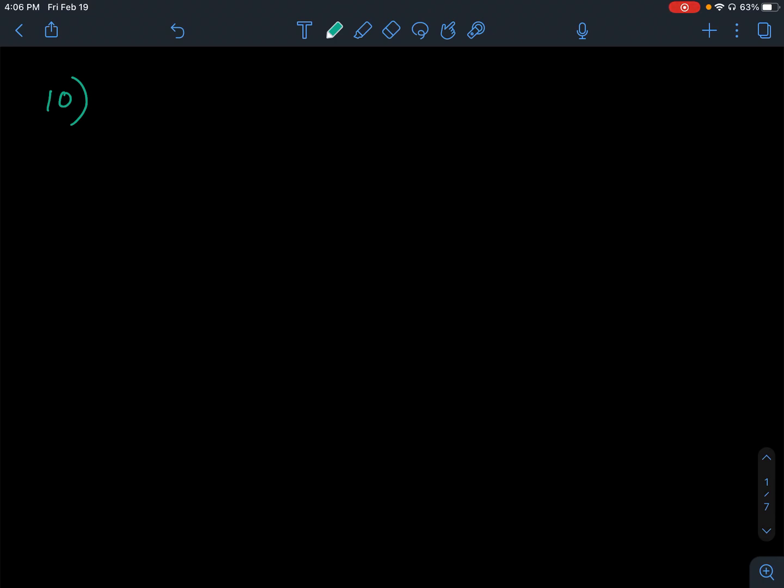So first off, we have the mass of the piano being 380 kilograms. We have the distance that it's sliding for, whether you want to call that delta x, delta y, it's up to you how you want to arrange that.